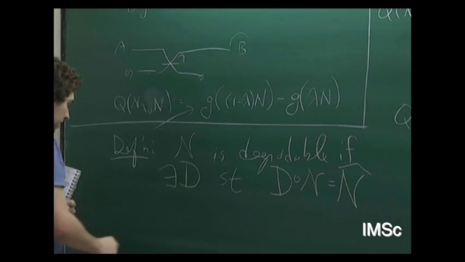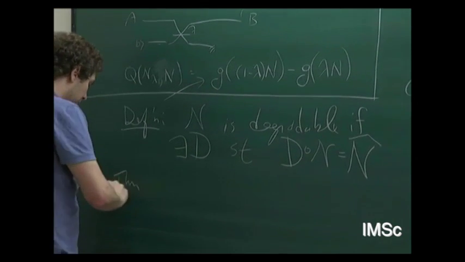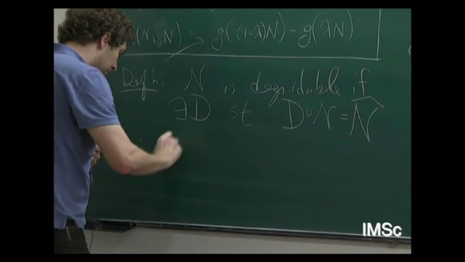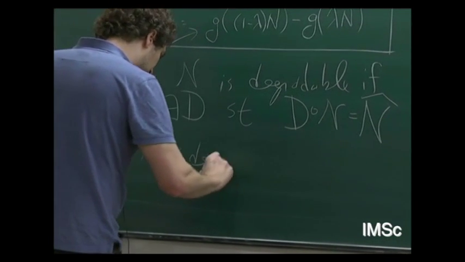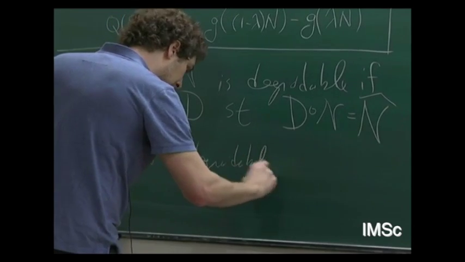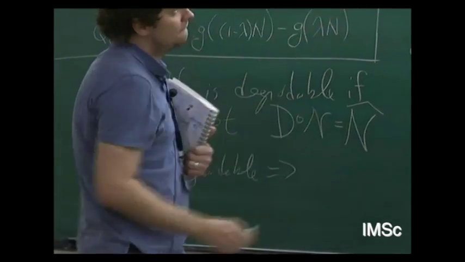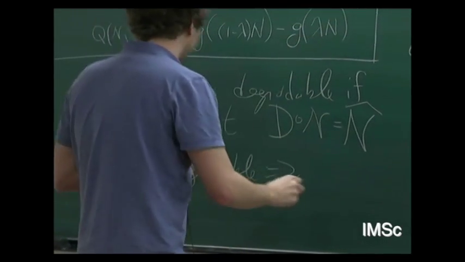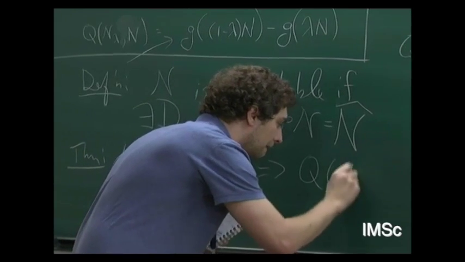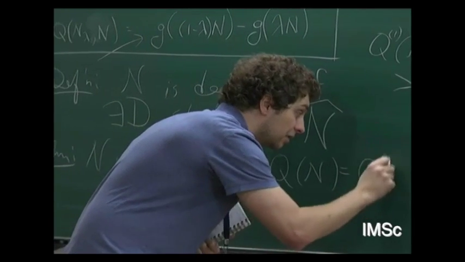And when a channel is degradable, that means that this coherent information is additive, and indeed the quantum capacity of the channel is just the single letter coherent information.